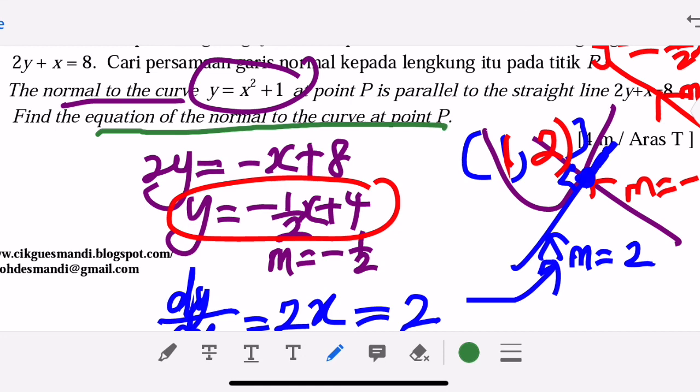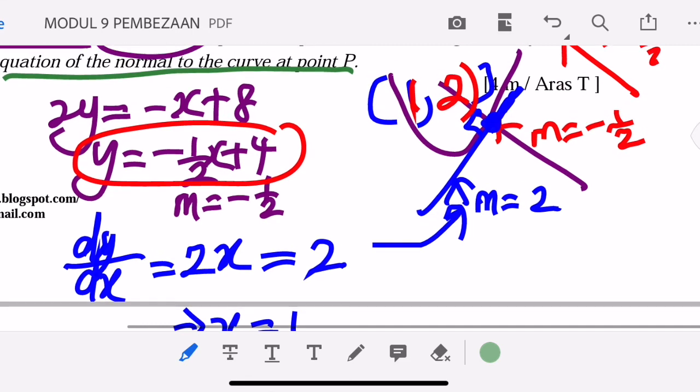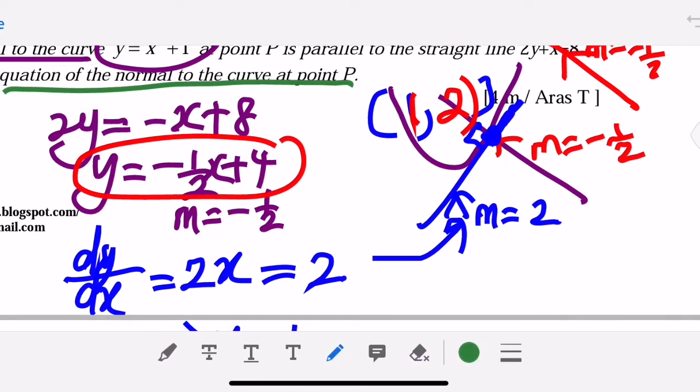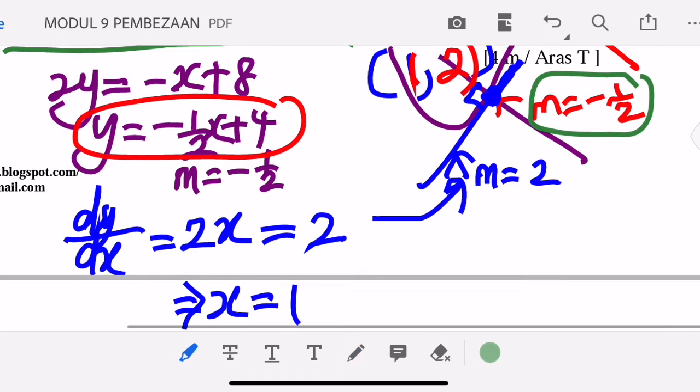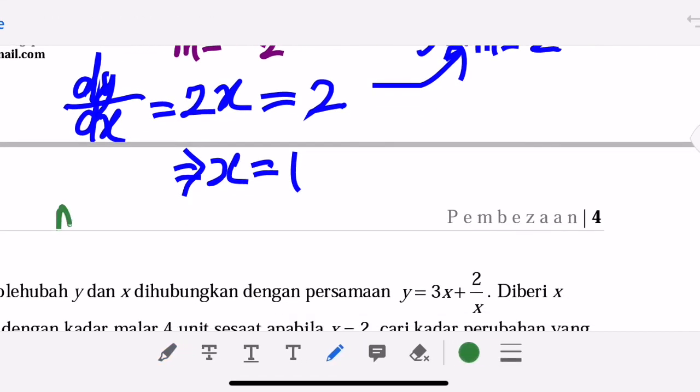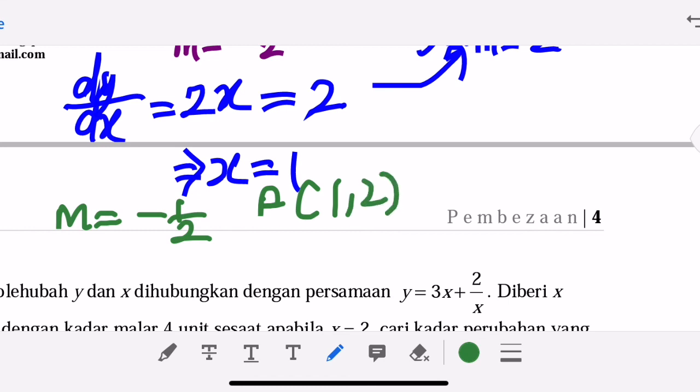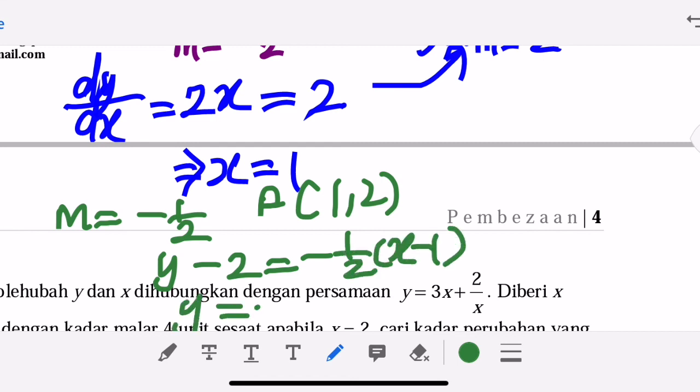So for the normal, the gradient must be using this one, and the point is (1, 2), right? Let's form the equation. m is negative 1 over 2, and the point P is (1, 2). So y minus 2 equals negative 1 over 2 times (x minus 1). So y equals negative half x plus 1 over 2 plus 2.